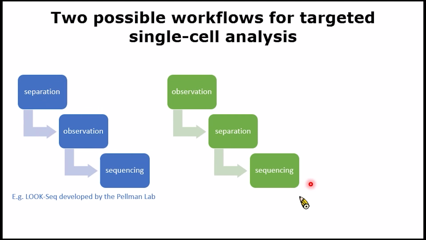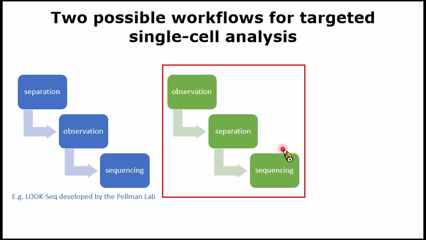Okay, but in the green workflow, you observe the samples first with the least perturbation, but then you need a different method, trying to mark the cell of your interest and trying to separate them out, right? And this is what we're going to talk about in this lecture.